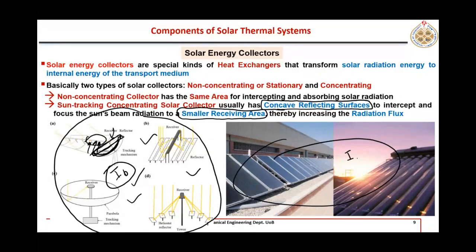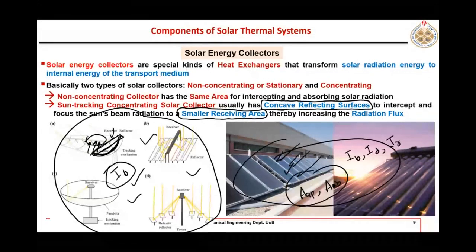But these ones are fixed type and non-tracking. Their advantage is that they can absorb all beam, diffuse and reflected radiation. But in this case, the aperture area and the absorber area are the same. Here, the aperture area is the area through which radiation is entering.